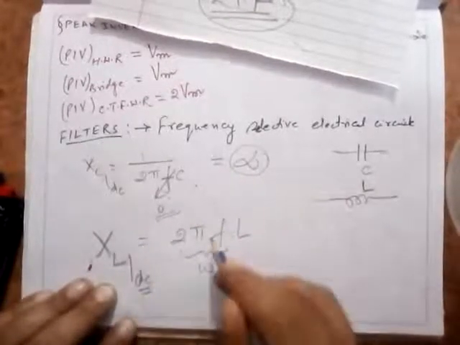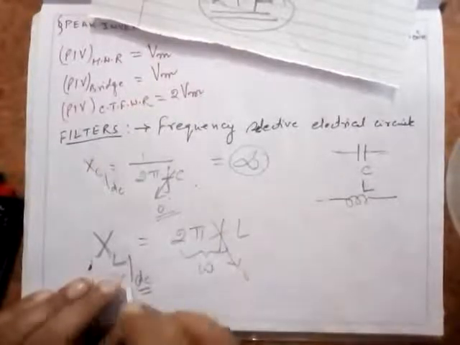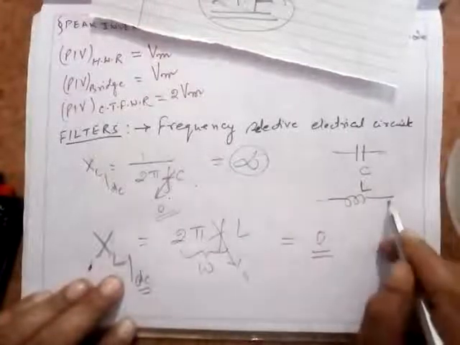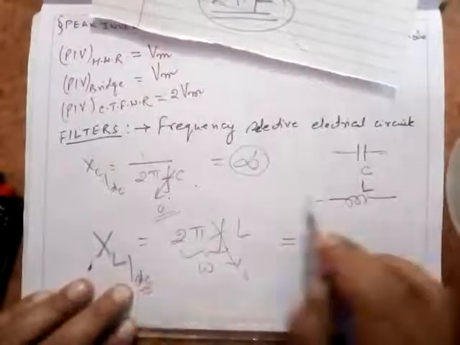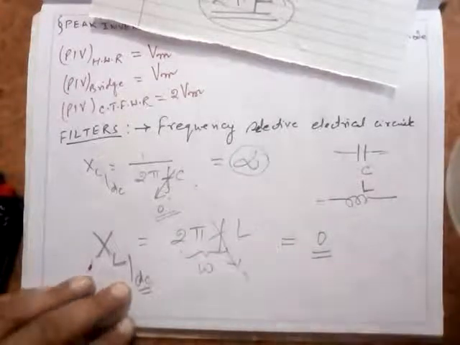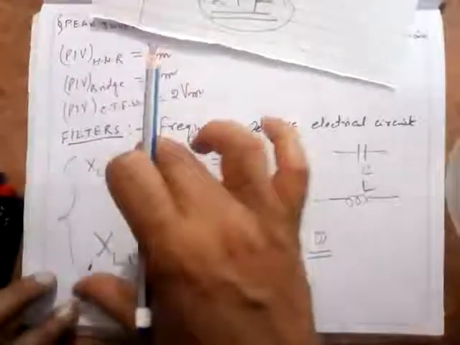For a DC component, meaning pure DC, this factor F is 0. So the value of XL will be 0. It means it offers 0 resistance to a pure DC. It passes the DC. Is this clear? This is the basic principle of any filter.